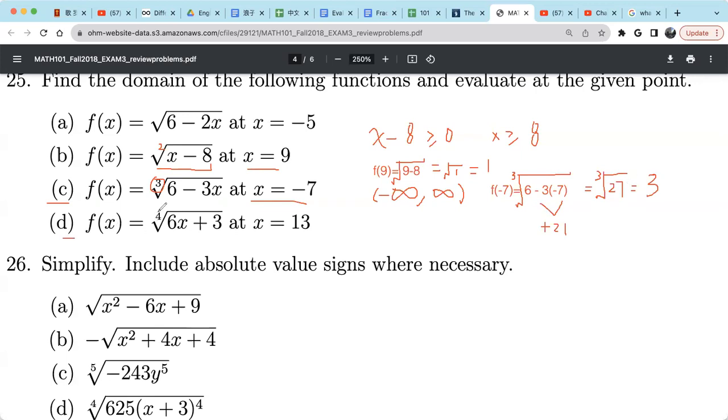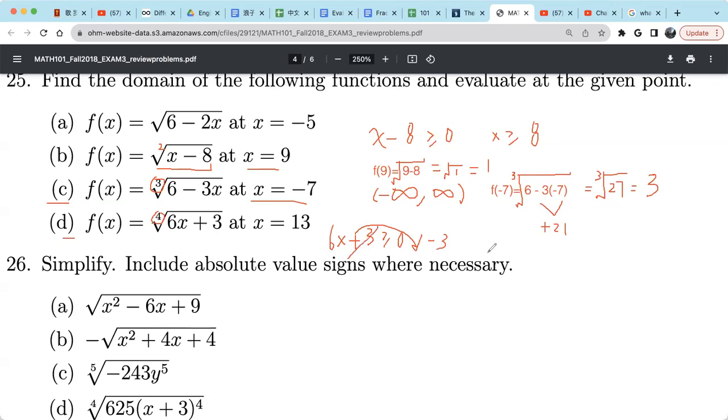D, the index is even again. So we take the radicand: 6x plus 3 has to be non-negative. 6x plus 3 has to be greater than or equal to 0, which means at least 0. So we solve: we move 3 to the other side, becomes negative 3.